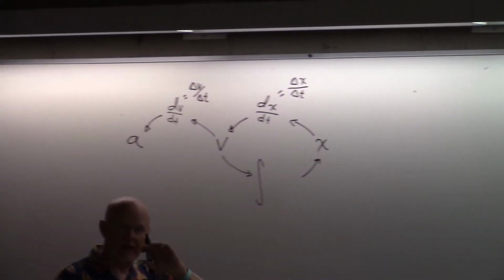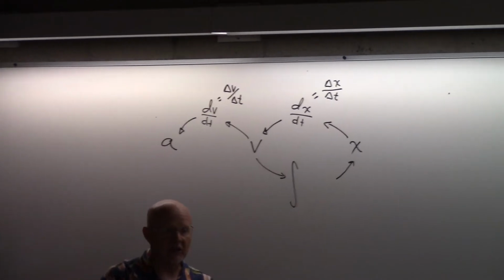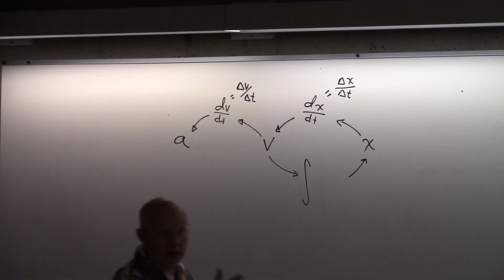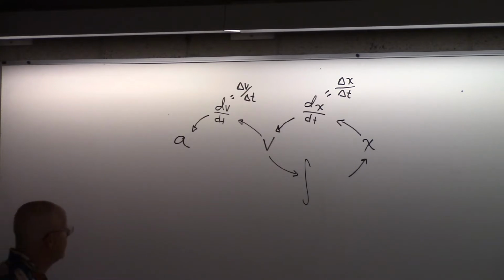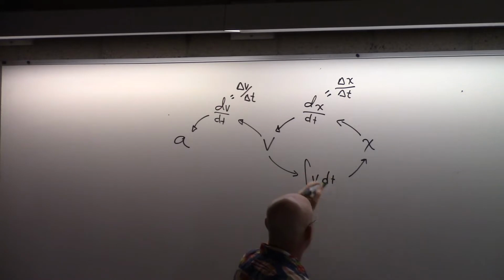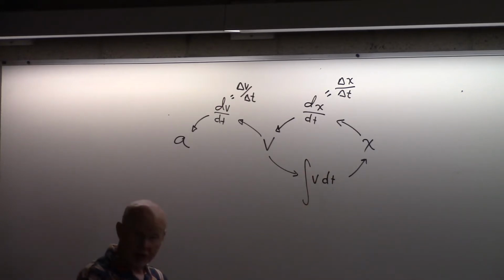It's supposed to look like an S, elongated, right? That was Newton's thinking about making a summation. And so the meaning of an integral is a summation. It's also the antiderivative. That's why we've got both names for it. And so if I integrate the velocity, with respect to time, I would get position.